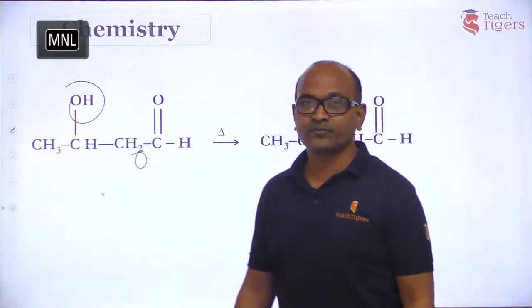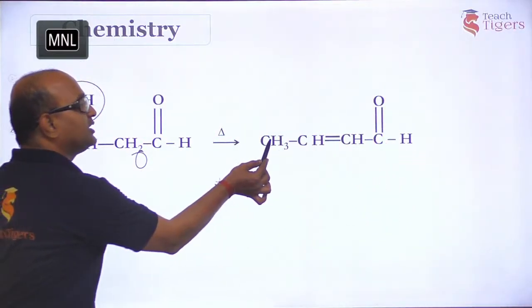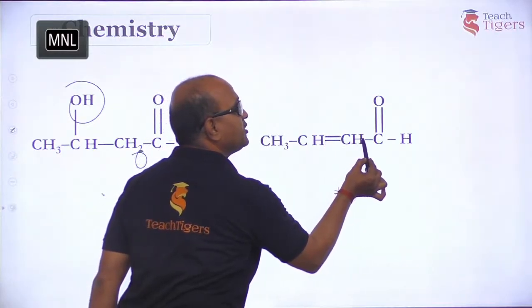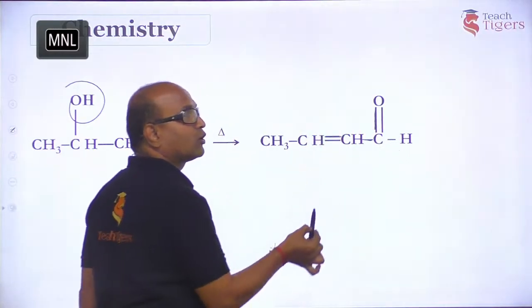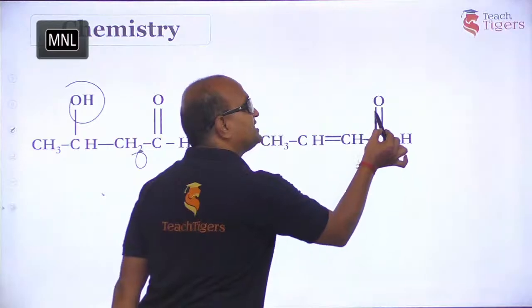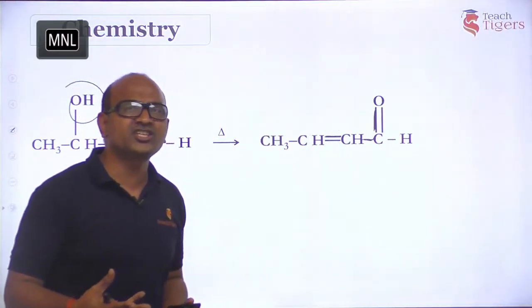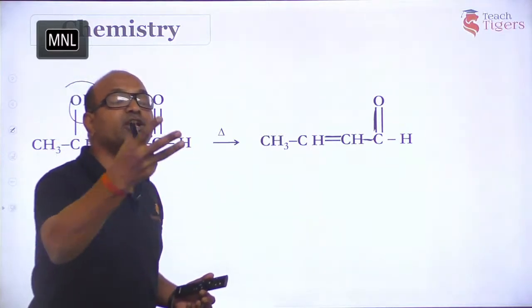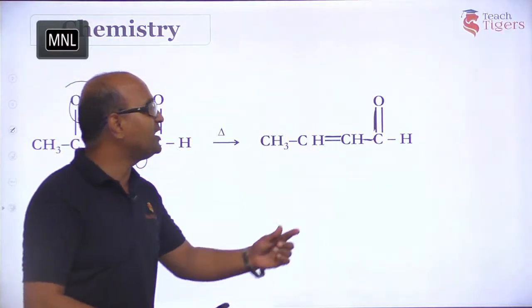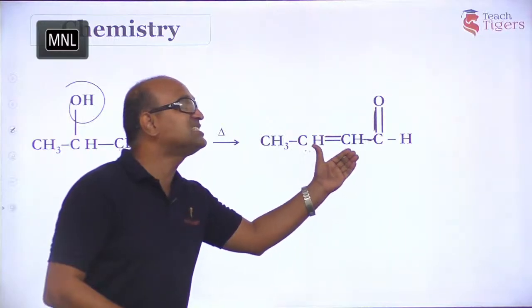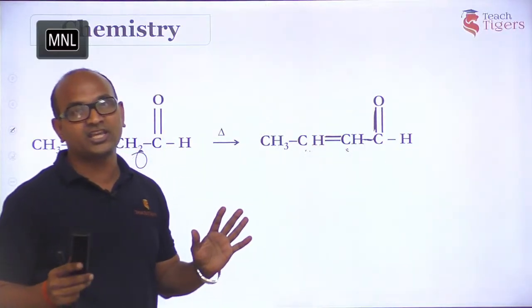Just see guys. This pi bond that is formed is in conjugation with the carbonyl pi electrons, so there is a resonance stabilization of this pi bond. That's the reason beta hydroxyaldehydes readily lose a water molecule, forming alpha beta unsaturated aldehyde or ketone.